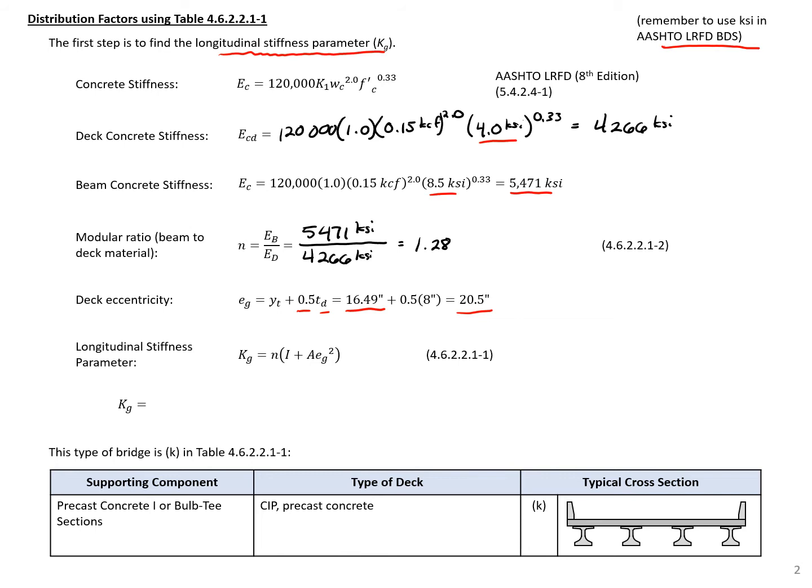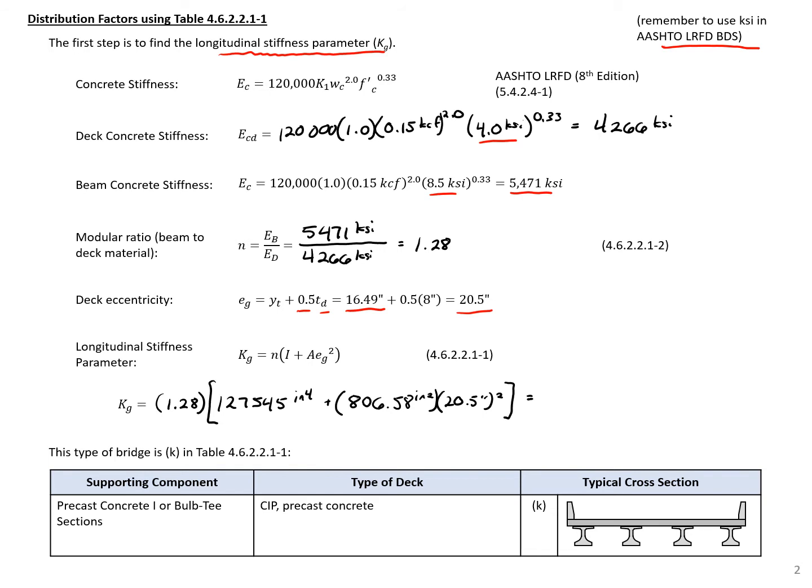So we have N of 1.28 times our IG, 127,545 inches to the fourth, plus our AG, 806.58 inches squared, and then times our EG squared, 20.5 inches squared.